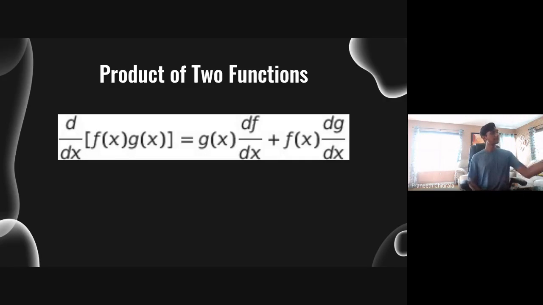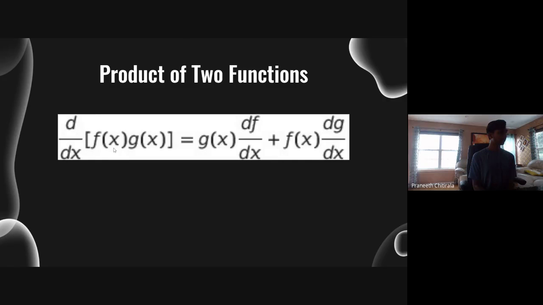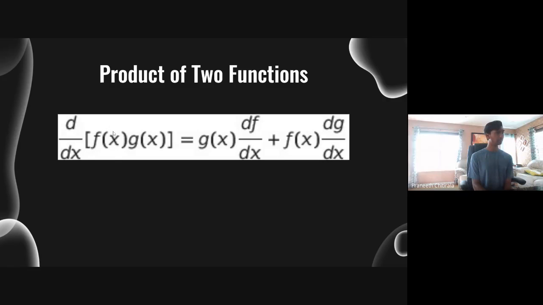So you first take the derivative of f of x, the first function, or it doesn't really matter which one. This is commutative. Whichever function you take the derivative of first, it doesn't matter.